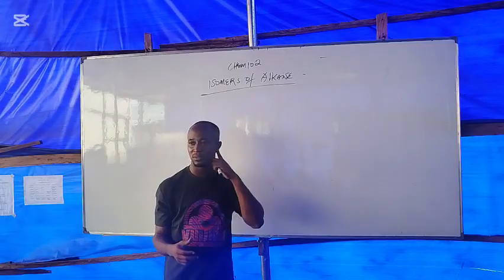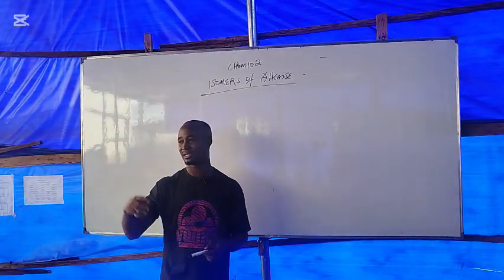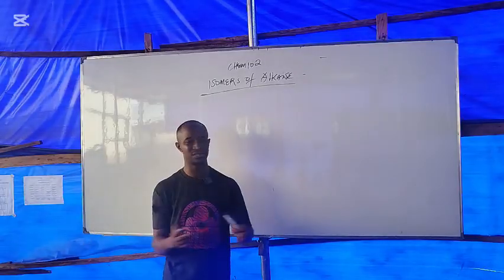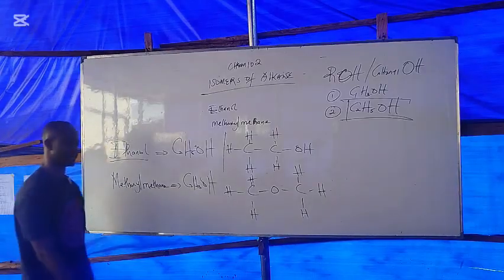A good example, not even under alkane, I'll give us the alkane family. We have ethanol and methylmethane. Now let's go into isomers of alkane.